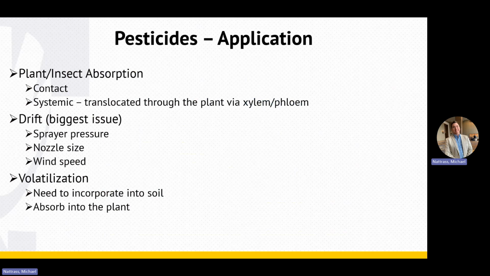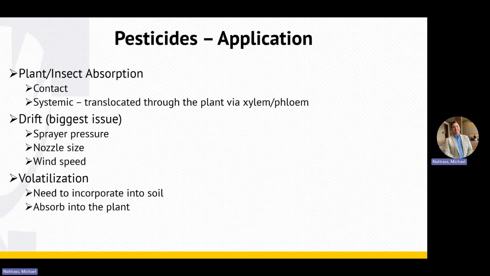Thinking about plants and weeds, you can spray a herbicide on a plant, and when it comes into contact, it will kill that plant just in the location where you sprayed. That means you need to get full coverage over this plant in order to kill everything, and it's possible that we miss some.